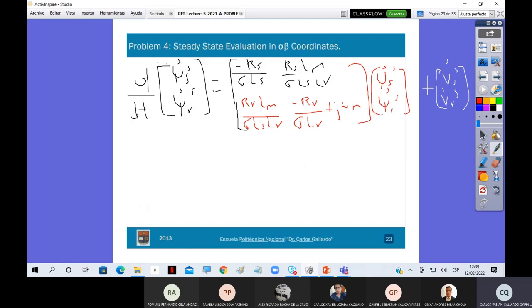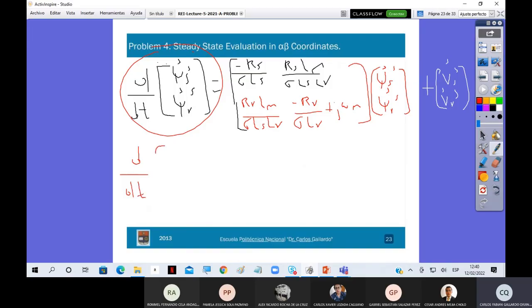So we have already derived this equation. Now I need a solution in the alpha beta reference frame. Let's work on the left side. I will take the derivative.